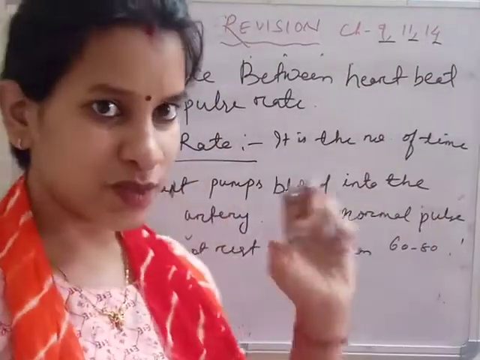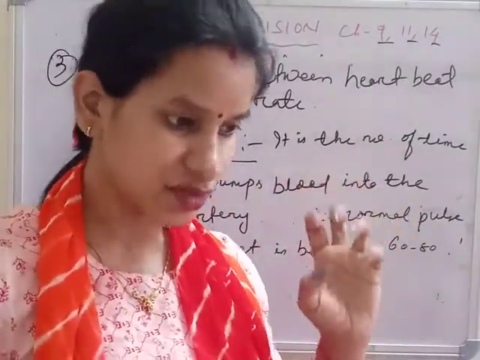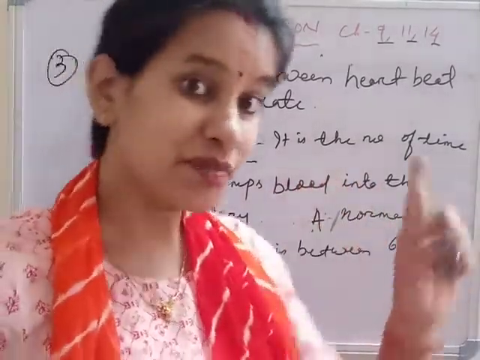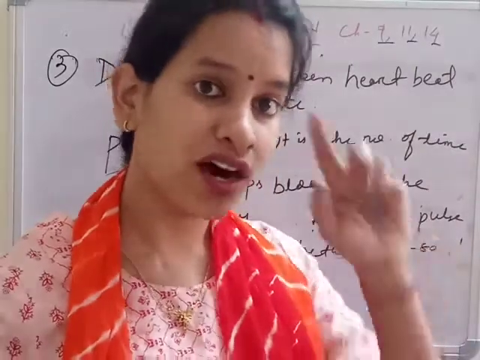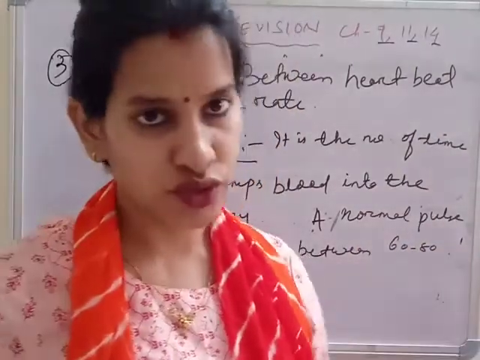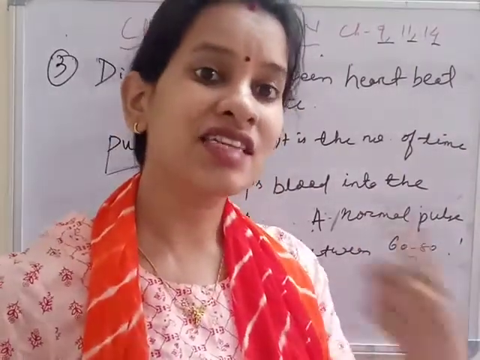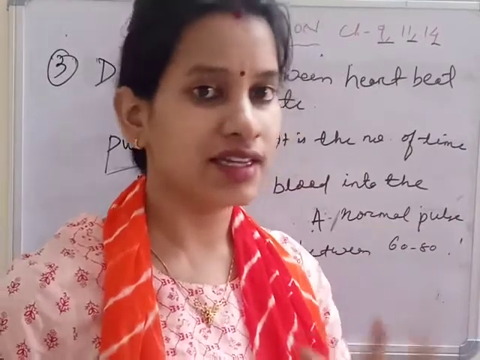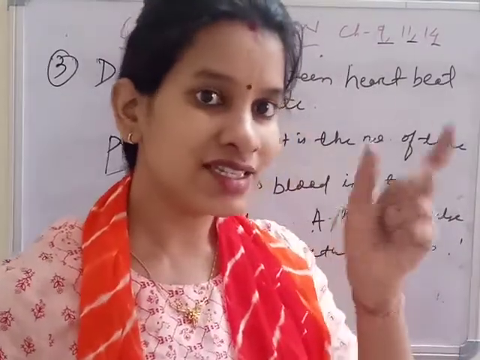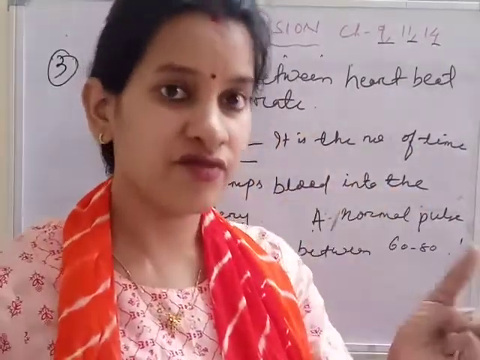So as many times as the heartbeat is there, that many times the blood is flowing into the artery and moving to the place. So the pulse rate is created when the blood flows into the artery. So it is in this way different from the heartbeat.